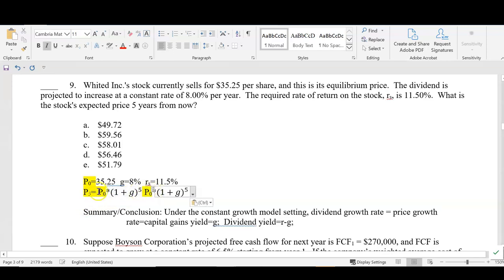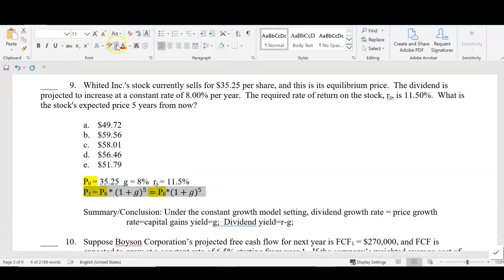So here we can just use P0 and G. It's going to be 35.25 multiplied by 1 plus 8% to the power of 5.